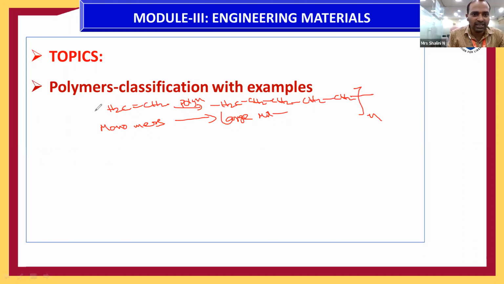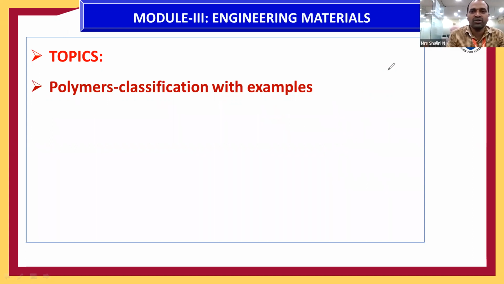So n number of ethylene molecules undergo polymerization to form polythene. Polymer means single monomers combined to form a large molecule. The best examples of polymers are polythene, polyvinyl chloride, polyacrylonitrile, polystyrene, bakelite, nylon 66, Teflon, etc.